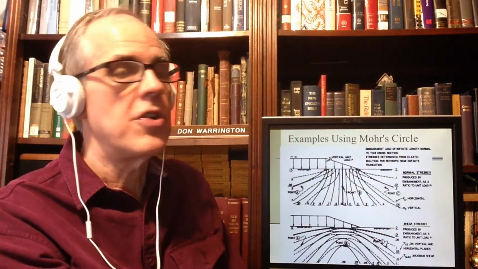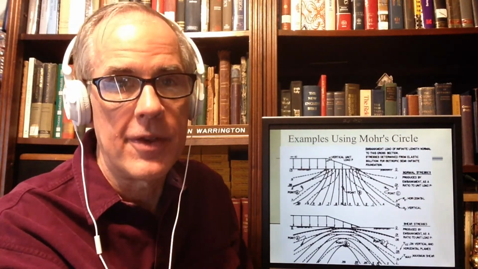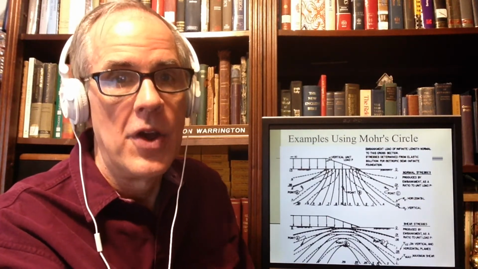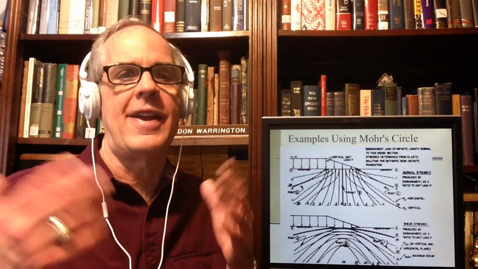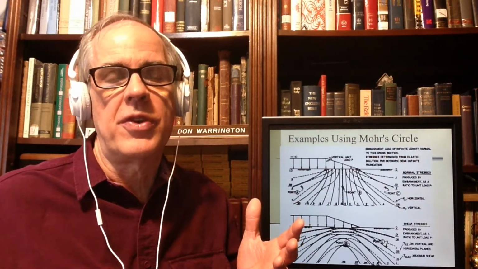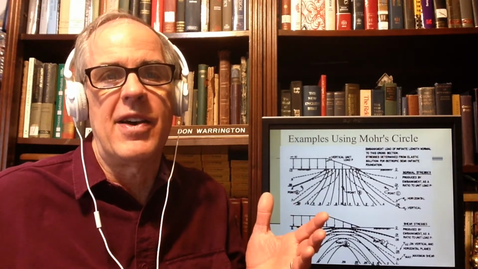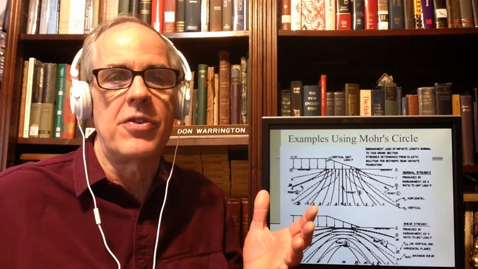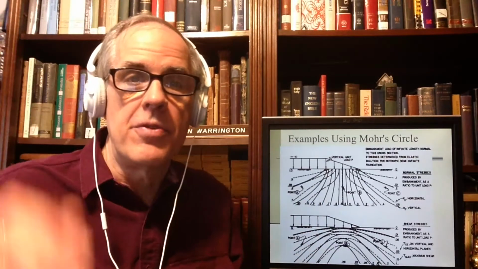If I tell you a uniform surcharge is on top of this, there are two ways I can tell you that. One of them is to say, for example, just out of the blue, a surcharge which has a unit weight of, say, 18 kilonewtons per cubic meter and a height of 2 meters.